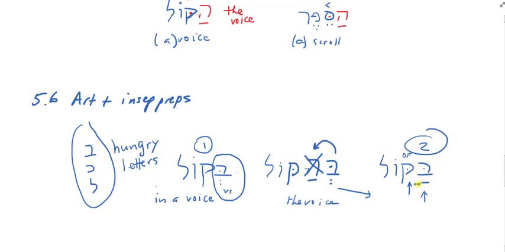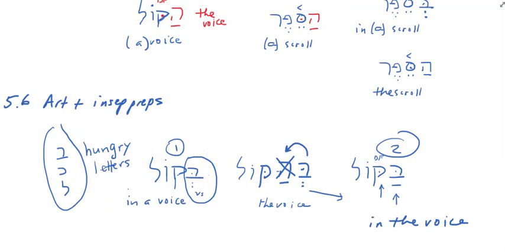So, b-kol is in a voice, ba-kol is in the voice. You see the difference between the two? All of these inseparable prepositions will do the same thing. Whenever they meet the article hey, they'll always swallow it and slide over and take its place.